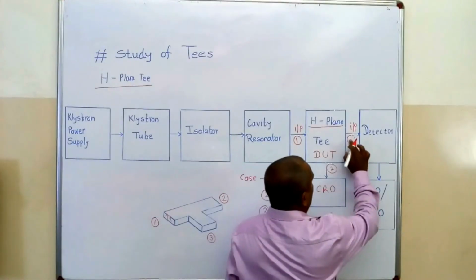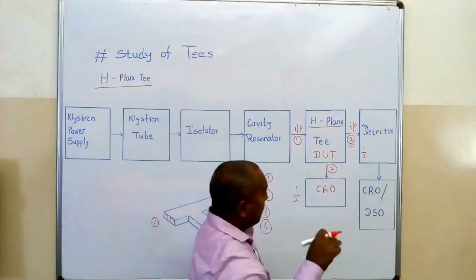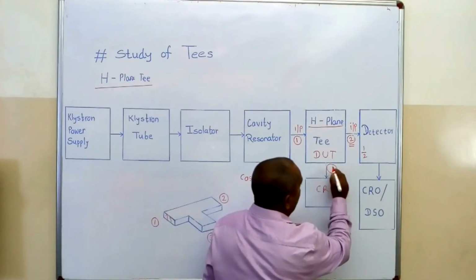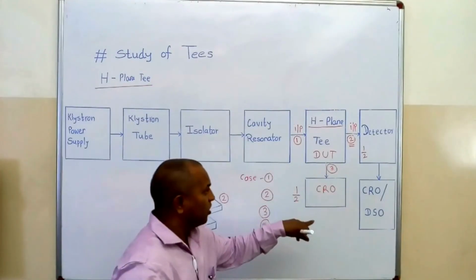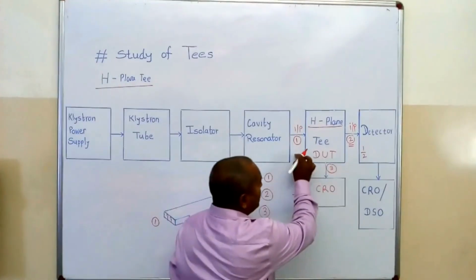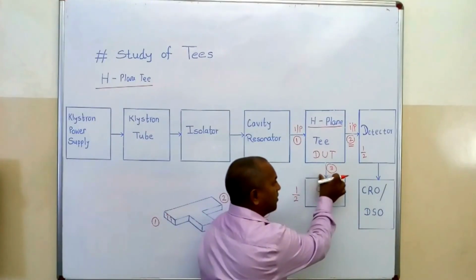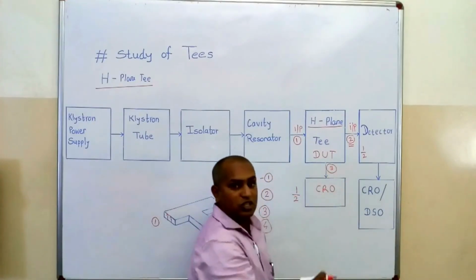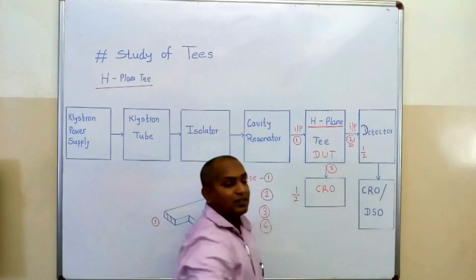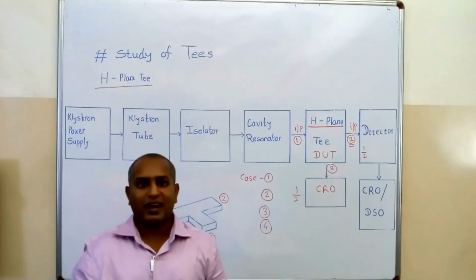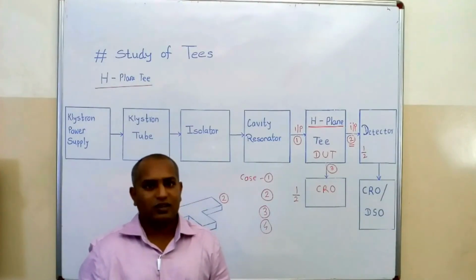Measure the output across port number 3. So here we will get an addition of 2 sources across port number 3. That's why this H plane T acts as an adder. Got my point? Any doubt?